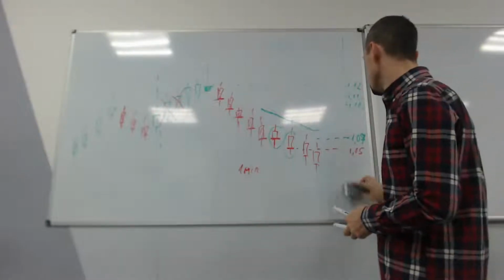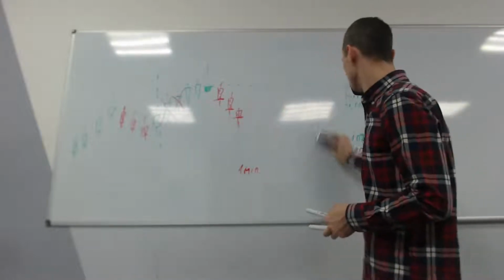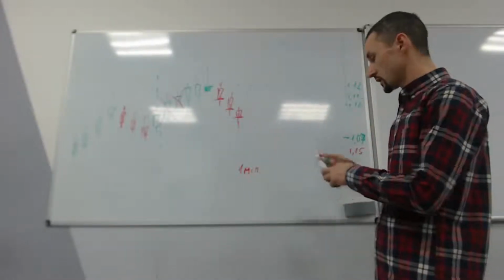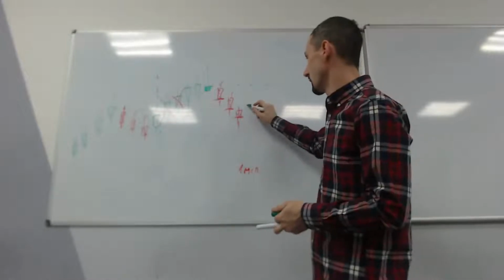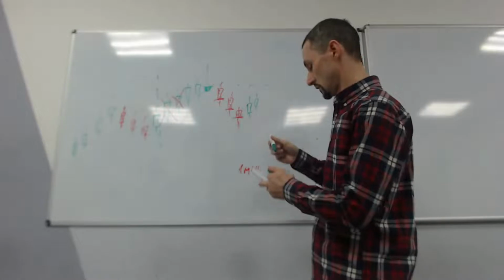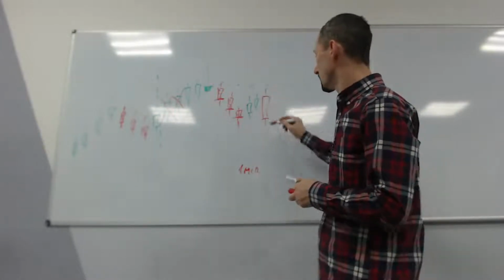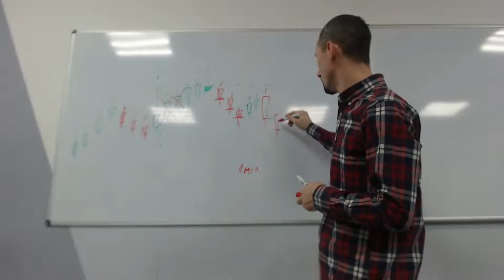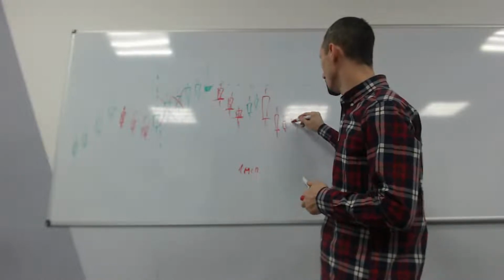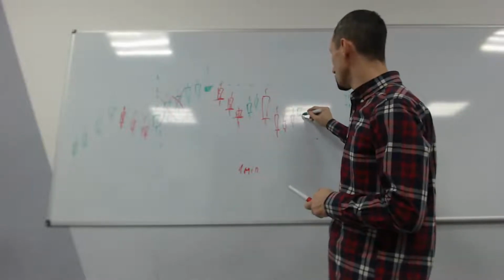And now we can see that the trend is a downtrend. Even if the situation differs a little bit, for example, like here, and we don't understand, yeah? We have this one, then some kind of this candle, this candle, this candle.